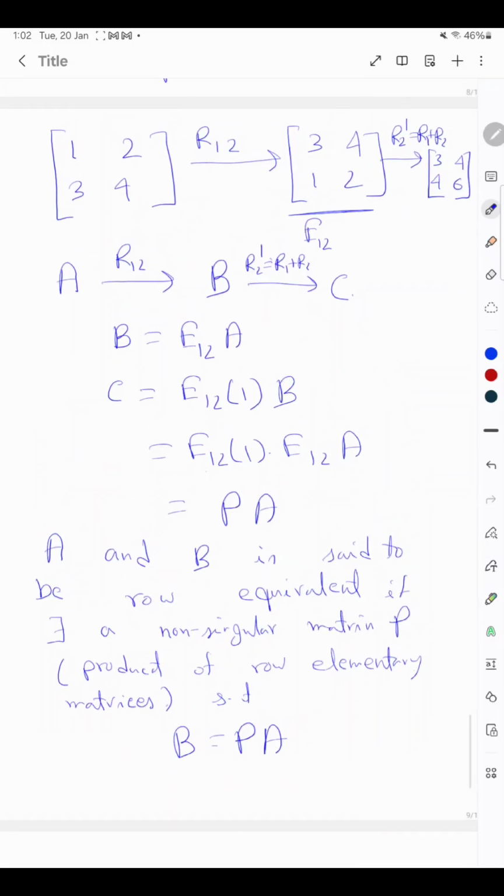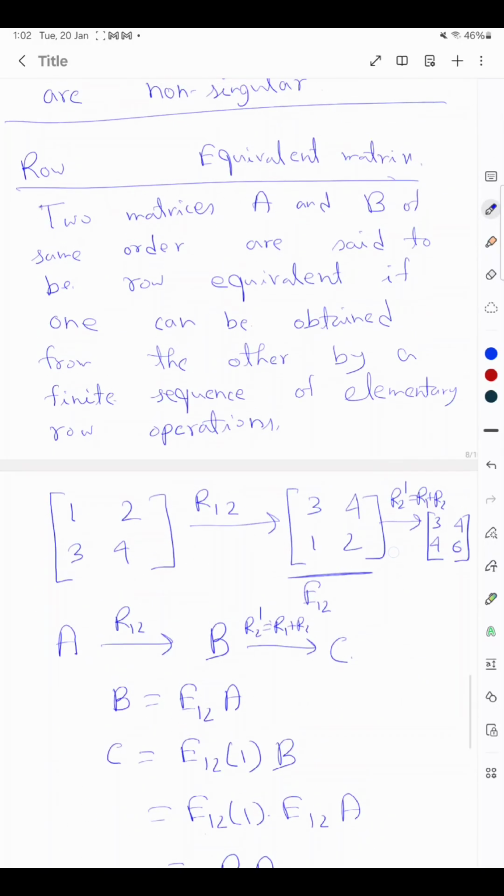So if you are able to write this, then you can say these two matrices are row equivalent. This is also row equivalent, because you are getting that matrix after applying some elementary row operation.